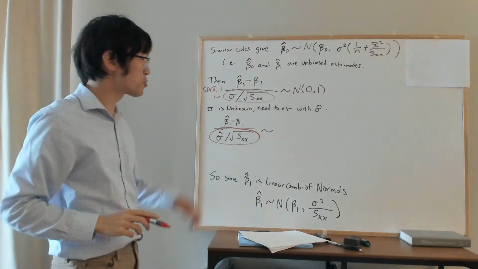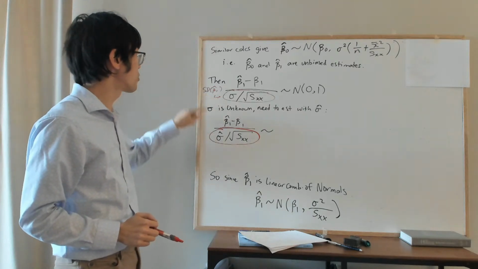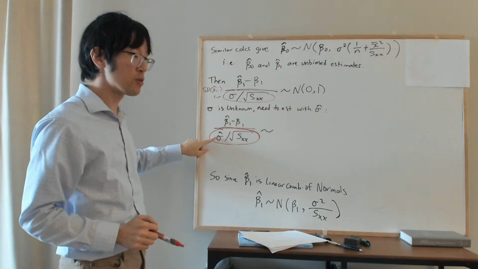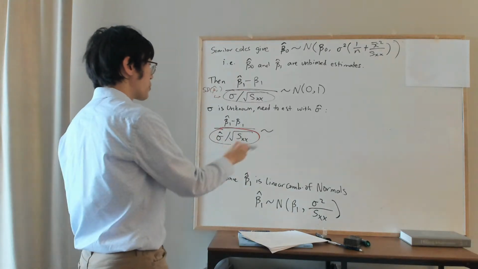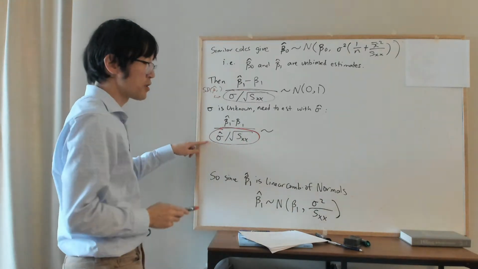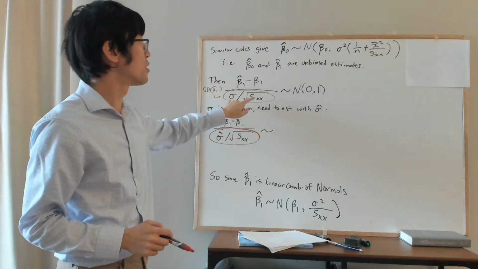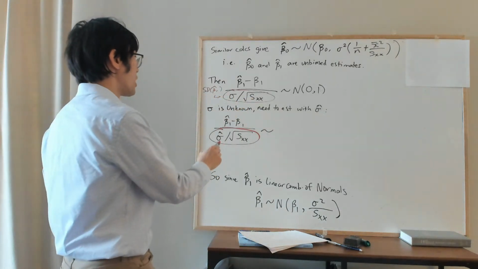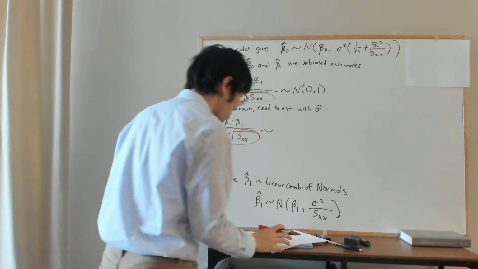Okay, so what we've done is we don't actually know the standard deviation, so we have plugged in an estimate, sigma hat, here. The way we call this part is now a standard error. Standard deviation is sigma over root sum of squares x, and since we have estimated this standard deviation, we call it the standard error.